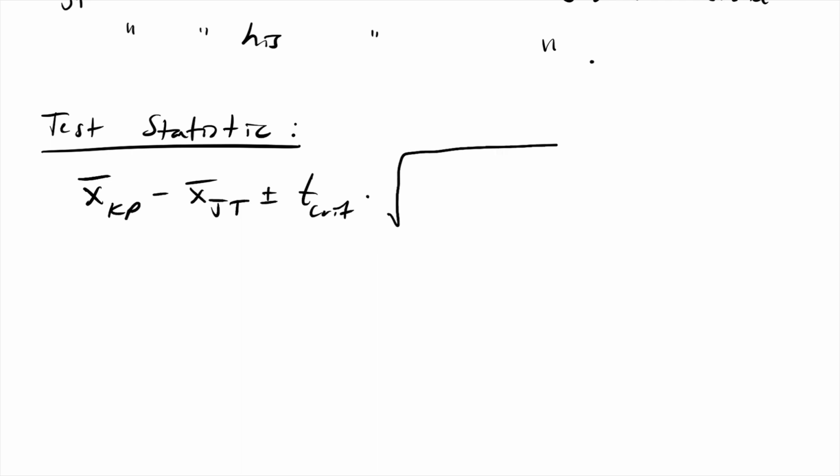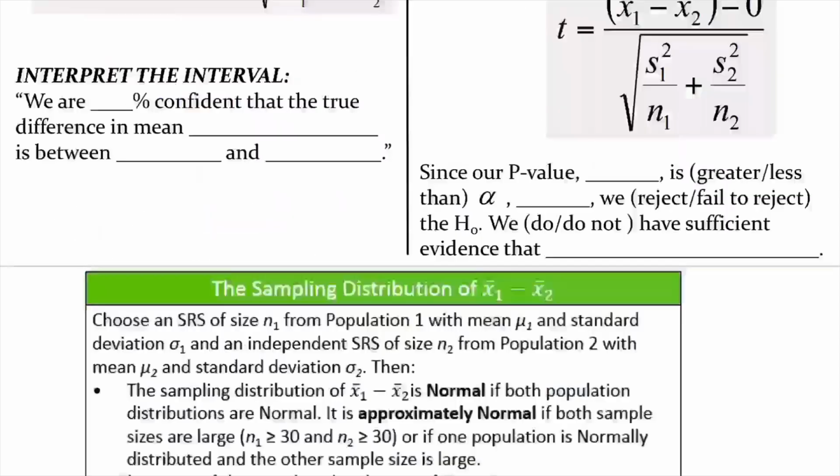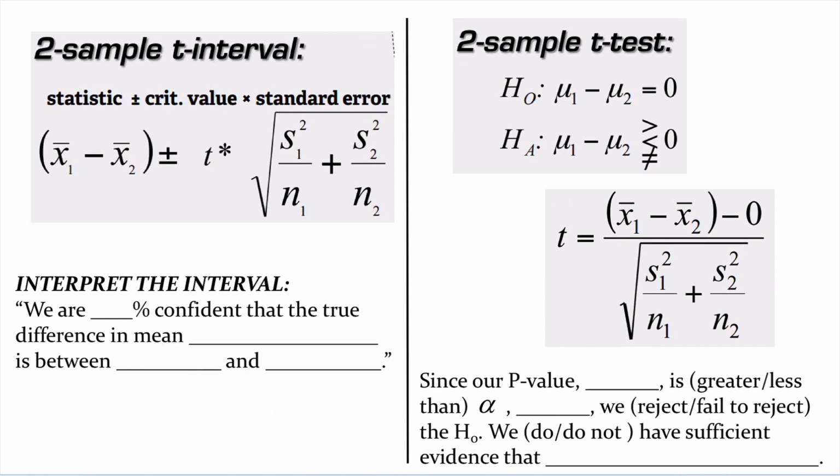And then I have the standard deviation. So it's S1, for Katy Perry, squared, over N for Katy Perry, plus, let me verify that real quick. Is that a square root?